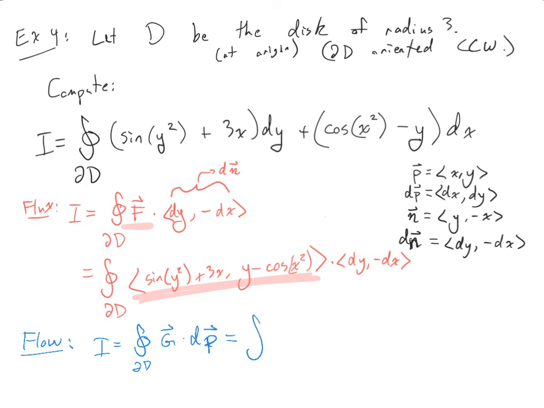And so in order to get dP as dx, dy, I just have to change my order of addition up here. So I get my vector field G is cosine x squared minus y, sine y squared plus 3x, and that is dot dx dy.